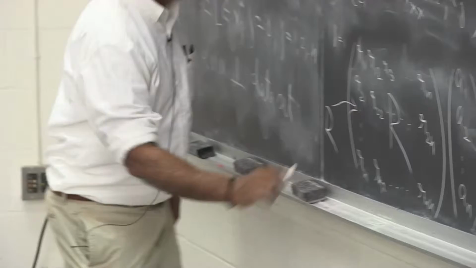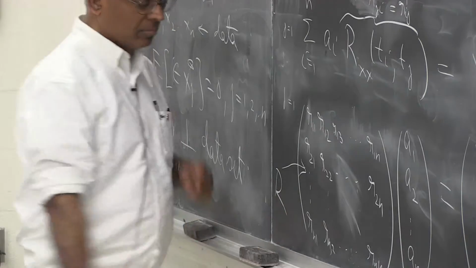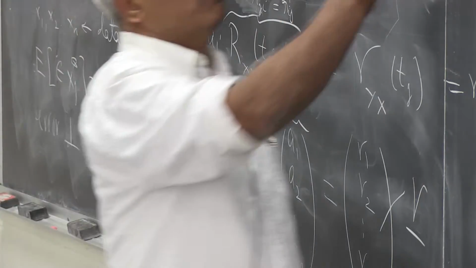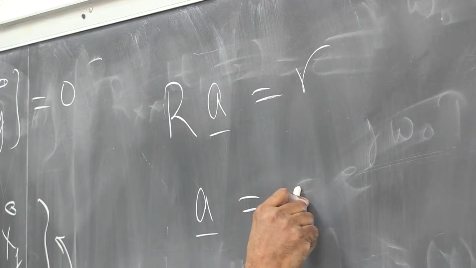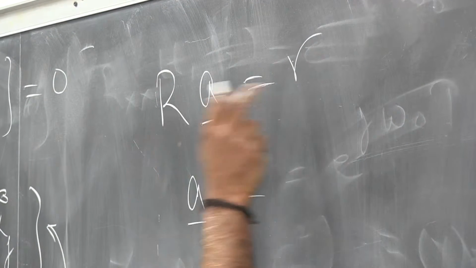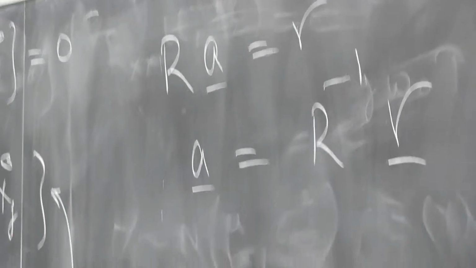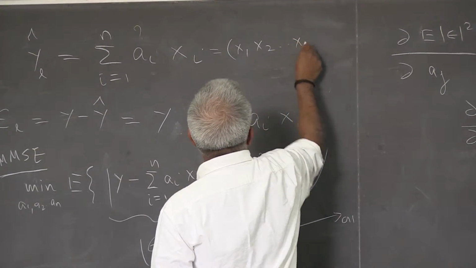Remember, this whole thing is R. And let me call this the A vector. So I have RA equal to gamma. What is the solution for A? Anybody? R inverse gamma. So if you want a vector notation, here you could write this as x1, x2, etc., xn.